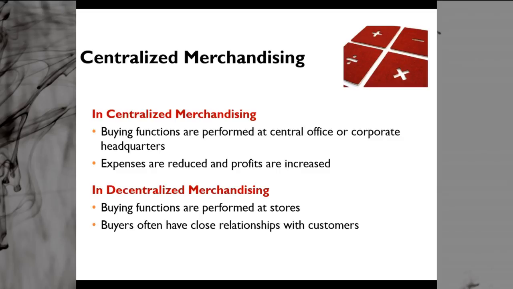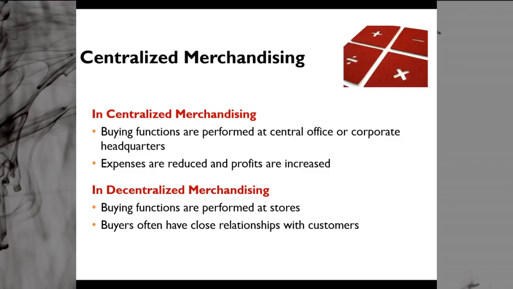Compared to that, decentralized merchandising means it's not just by the one headquarters. All the different stores of this company can buy and do different kinds of activities. So buying functions are performed at the store, not from the headquarters or the central office.